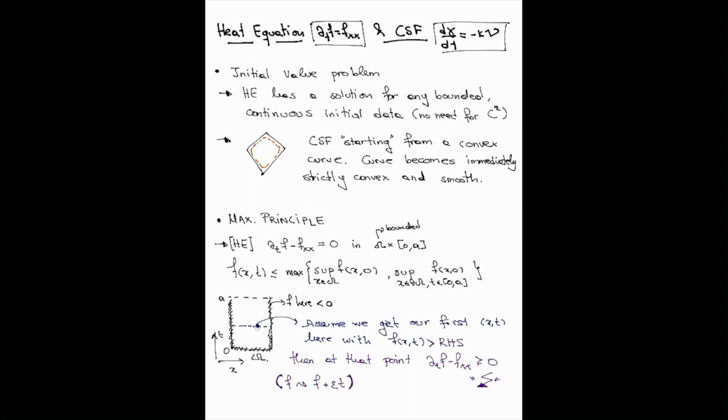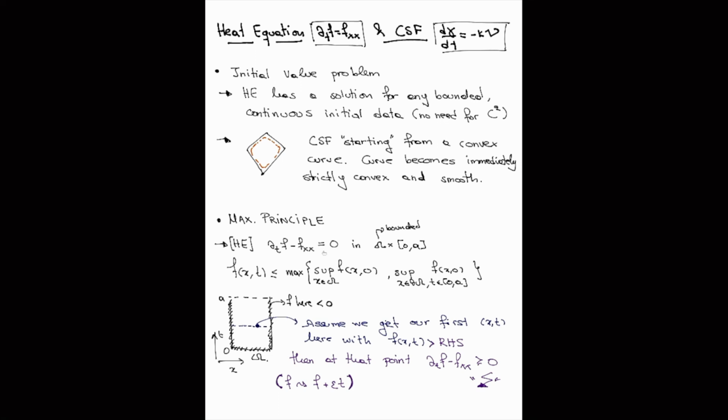Since before, your function is negative, and here it becomes positive, the derivative with respect to t must be bigger or equal than 0. So df/dt at this point is bigger or equal than 0. Also, we can choose this point on the time slice so that it is the maximum, and therefore f_xx is less or equal than 0. This implies that df/dt minus f_xx is bigger or equal than 0, but the equation gives me that it's equal to 0.